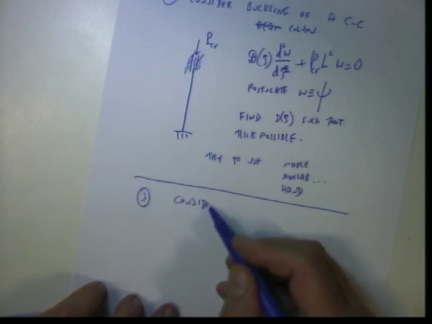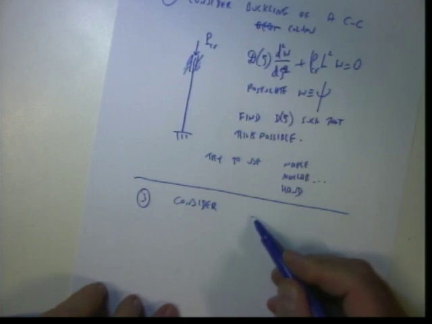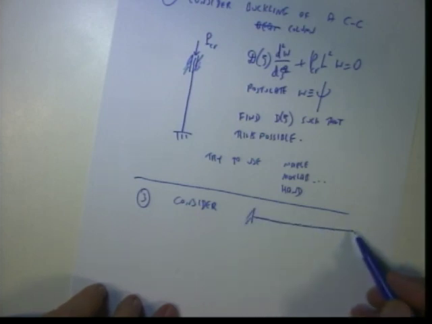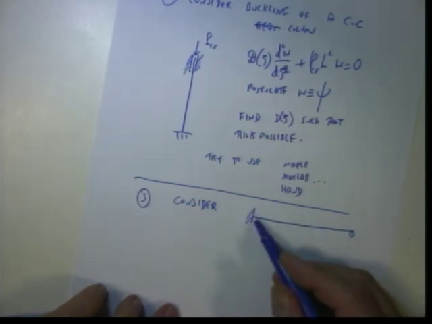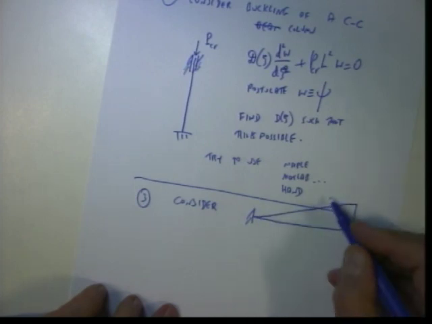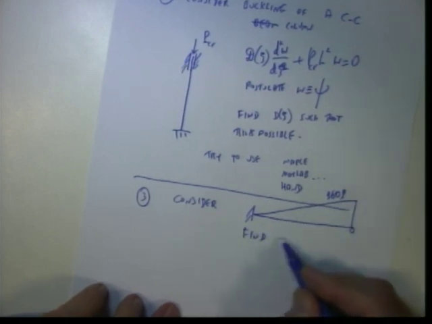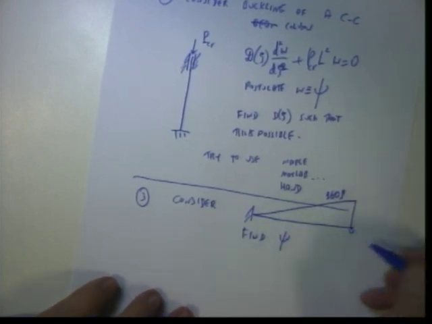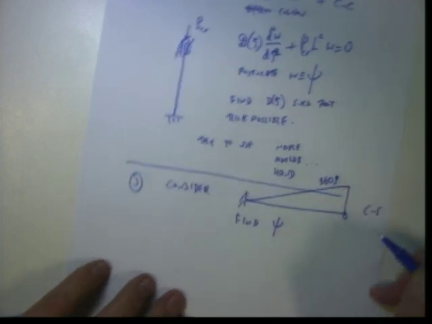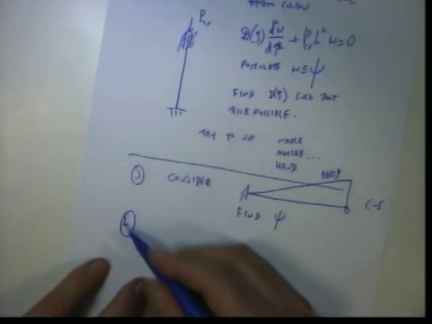Consider a clamped simply supported beam under the loading 360 psi. Find psi. It is clamped simply supported. 4.